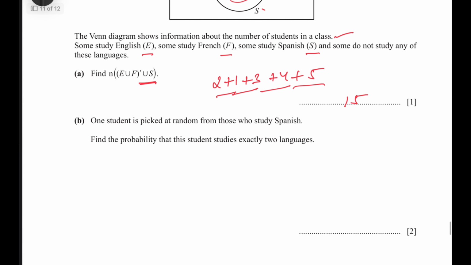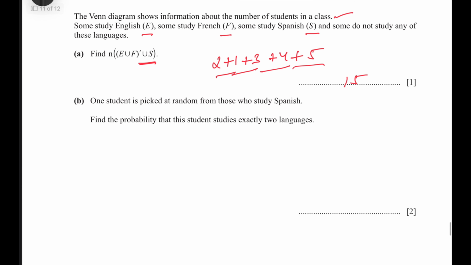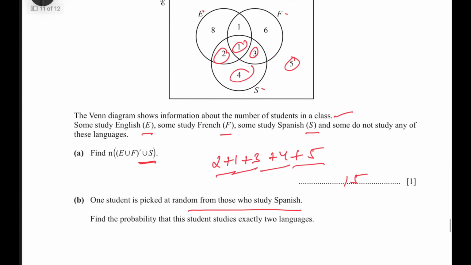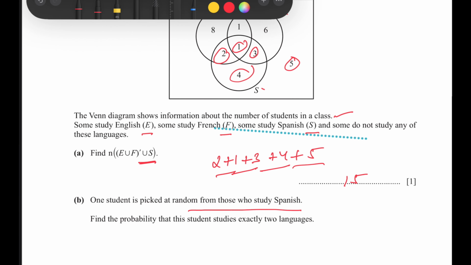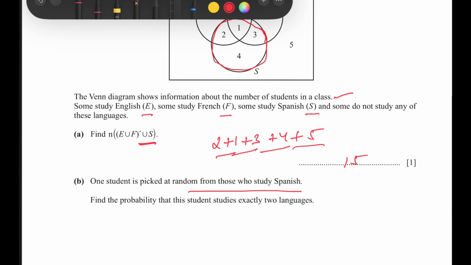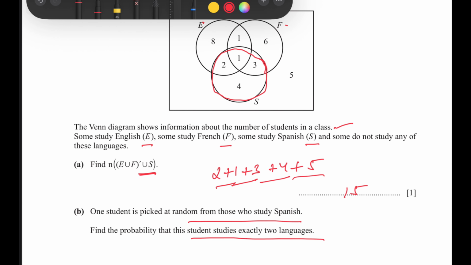Now they are saying one student is picked at random from those who study Spanish. First of all, let's concentrate on this. Who studies Spanish? Find the probability that the student studies exactly 2 languages. So the whole from those who study Spanish is 4, 3, 7, 8, 9, 10. This is 10.